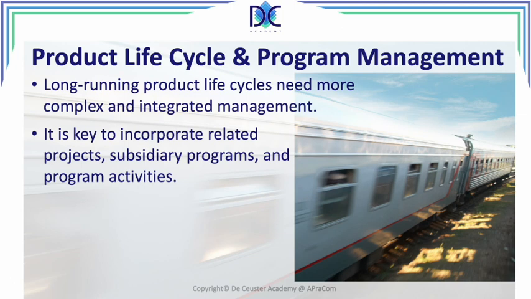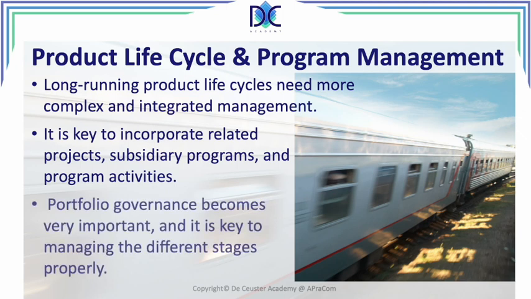We are not having projects on different islands. We are in a complete environment where all these projects exist. Portfolio governance becomes very important, and it's key to managing the different stages properly. We have to follow portfolio governance like we defined it to ensure an effective management of our products.